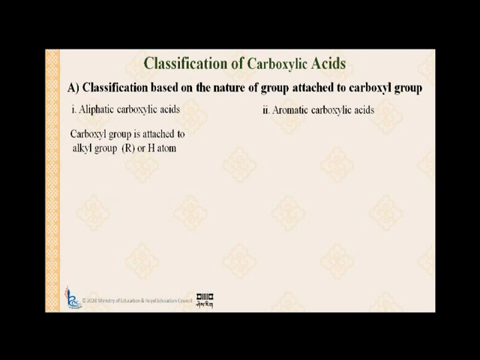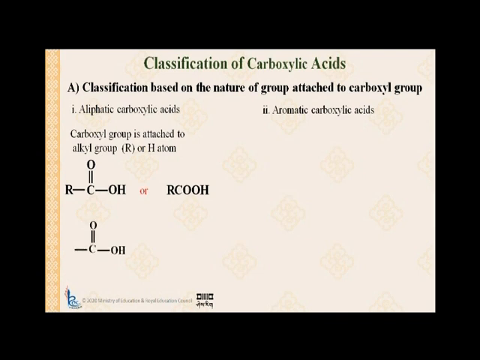What are aliphatic carboxylic acids? Here the carboxyl group is attached to an alkyl group or a hydrogen atom. This is the carboxyl group, and if you look at the carbon, one bond of the carbon is still vacant, and to that vacant site we can attach either the alkyl group represented by the letter R or hydrogen.